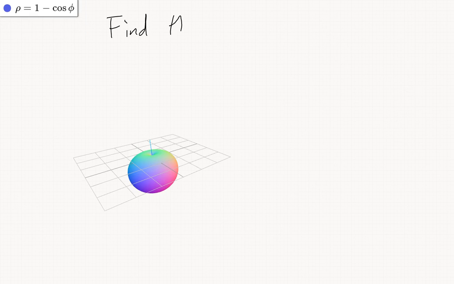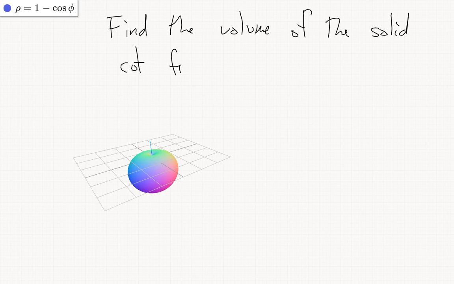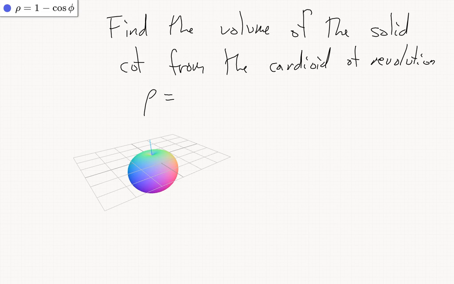Next, let's see how to find the volume of the solid which is cut from the cardioid of revolution, rho equals 1 minus cos phi, so that's the sort of apple-looking shape here, by the xy plane.